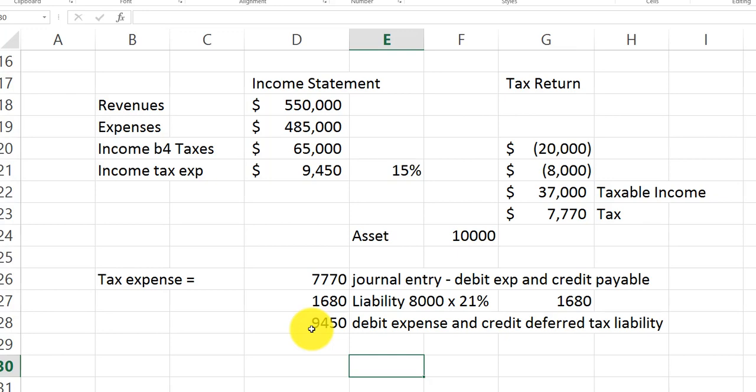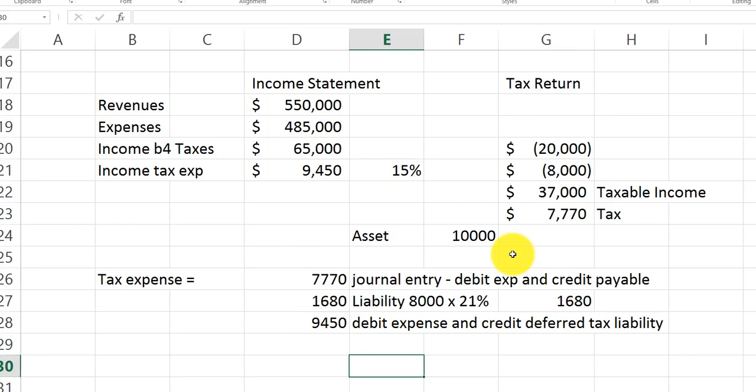Figure out how much the difference is, multiply by the tax rate, compare to last year, and then make your journal entry. If it's a debit to the expense, you're going to add it. If it's a credit to the expense, you're going to subtract it. So that's how you operate through a deferred tax asset and liability.